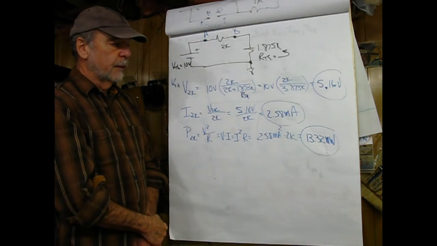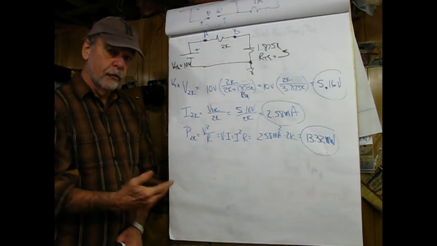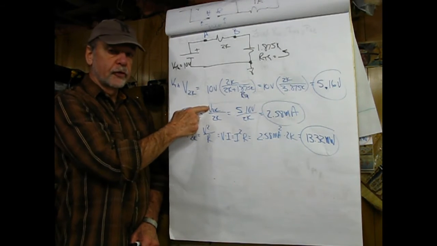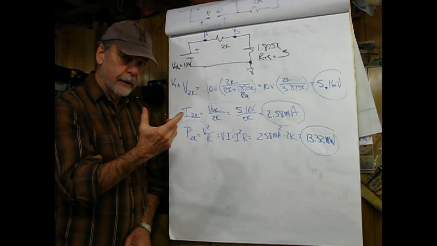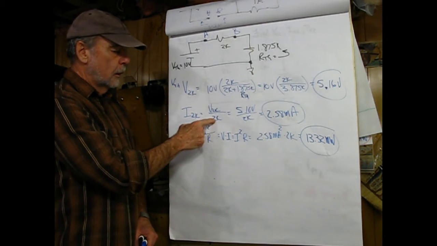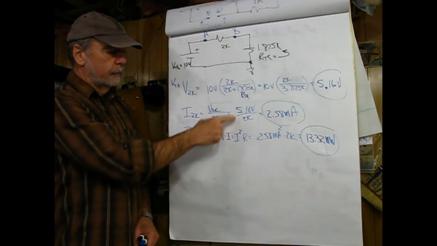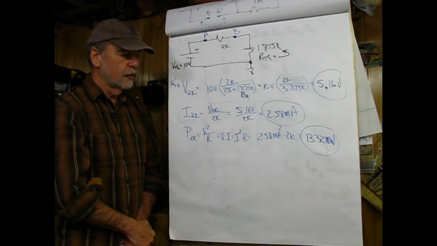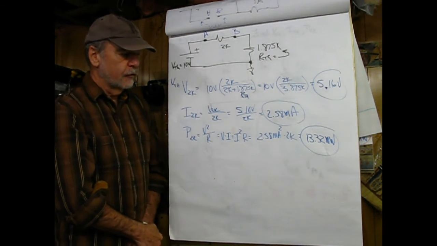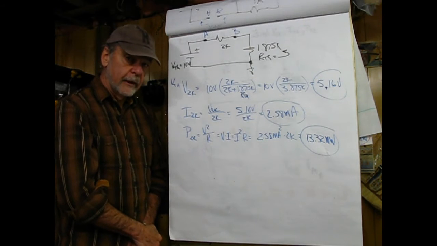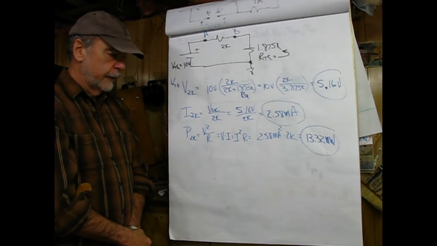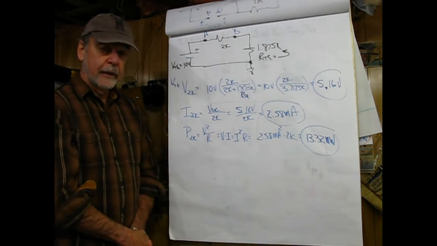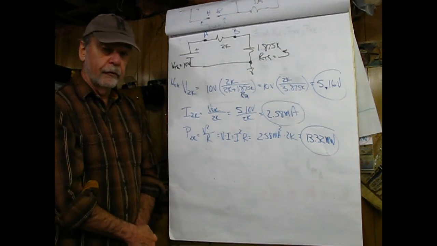So, once we know that, finding the rest of the circuit parameters is straightforward. Current through the 2K is simply going to be equal to the voltage across the 2K divided by 2K. 5.16 is the voltage drop across the 2K resistor, and that gives us 2.58 milliamperes. Finding the power, then I got a whole bunch of options. V squared over R, V times I, I squared R, got the data for all of them.